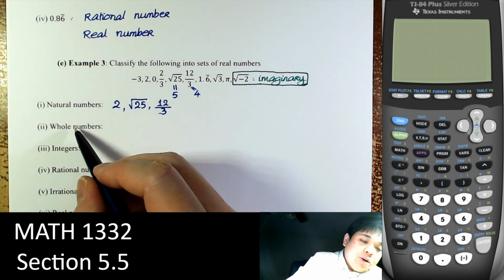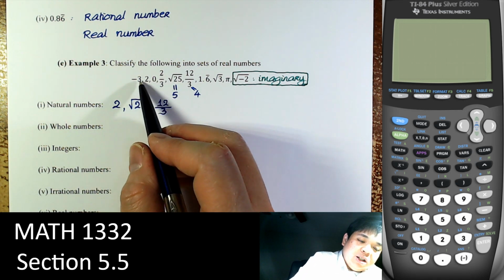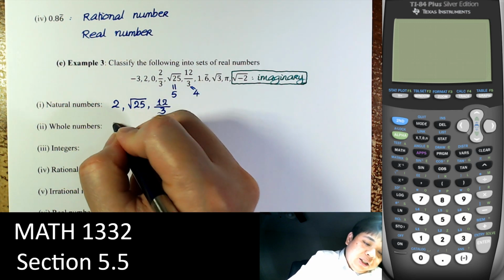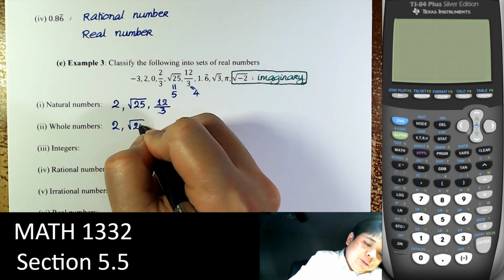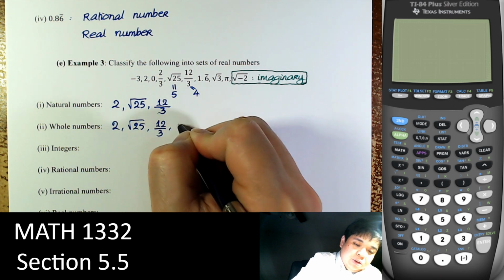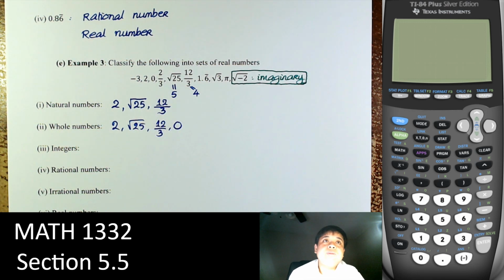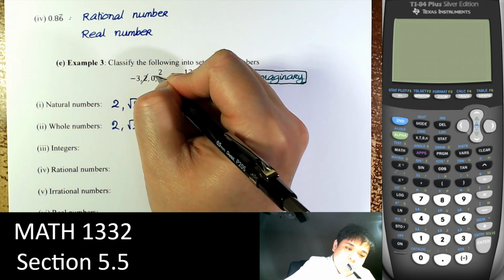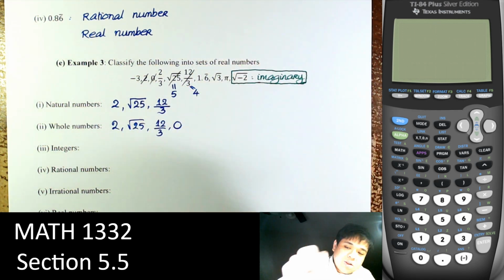Now the whole numbers, we're just going to add an extra number to it, meaning the 0. So we already have this, just going to add 0 to it. So we can just close out all those numbers.